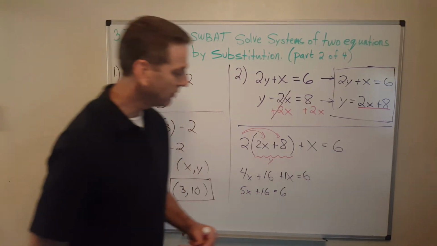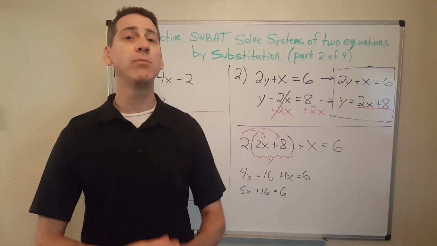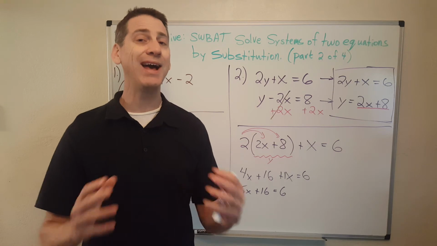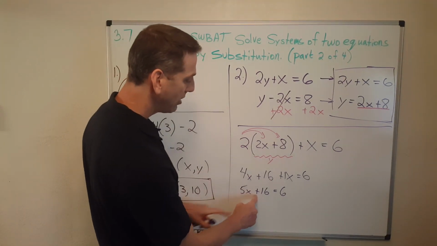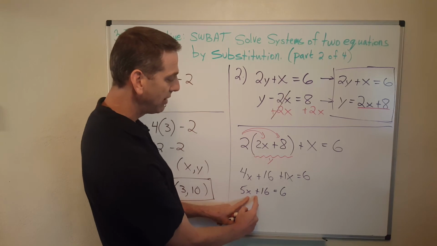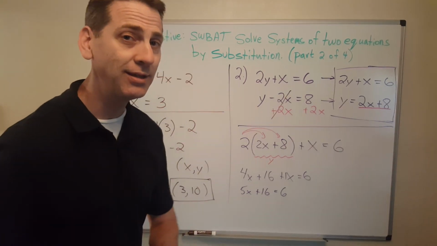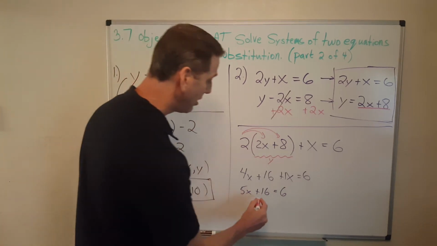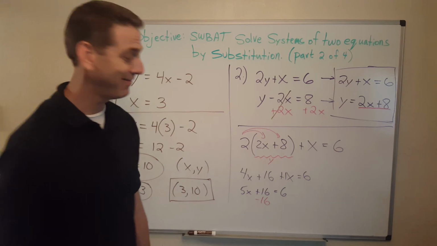All right. Now I'm done with my like terms. Now I go to my addition principle. Am I adding or subtracting? Yes, right there I'm adding. So I want to get x by itself. That means I need to get rid of the 16. I can get rid of $16 really easy, right? I just go out and spend $16. And now it's gone.